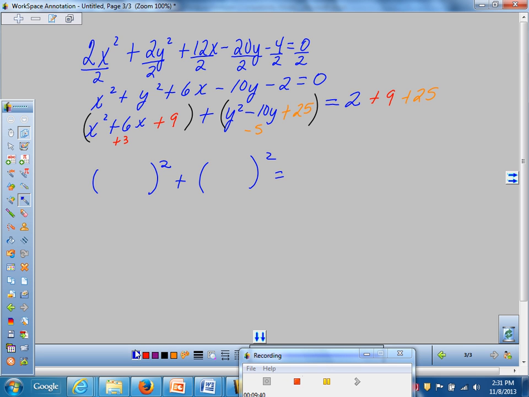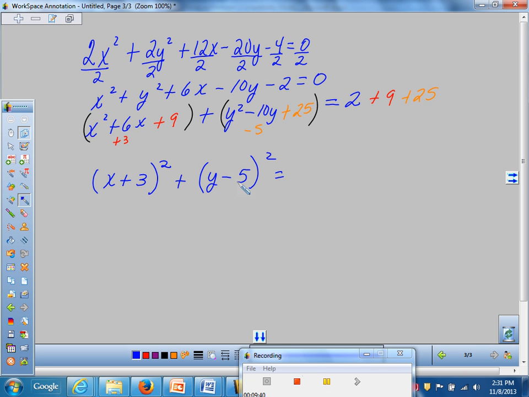So what do I get when I do this trinomial? X plus 3 and y minus 5. Because you always take that number you did the half, that's why I wrote plus 3 there, because that's the number I put in. Half of this one was negative 5, that's the number you'll use.